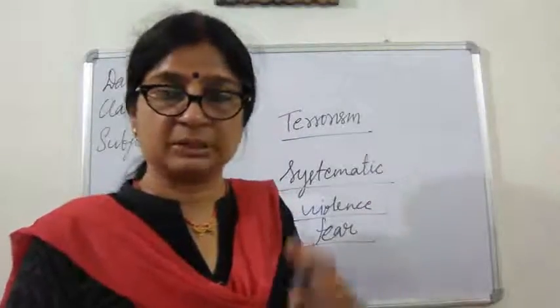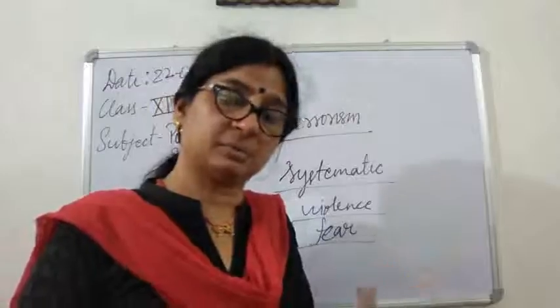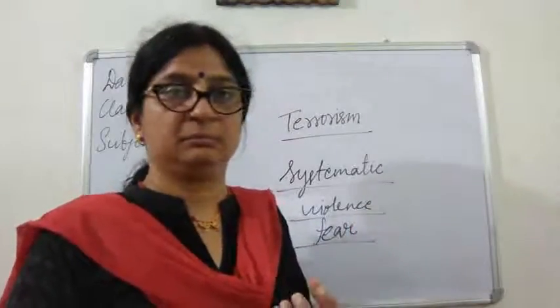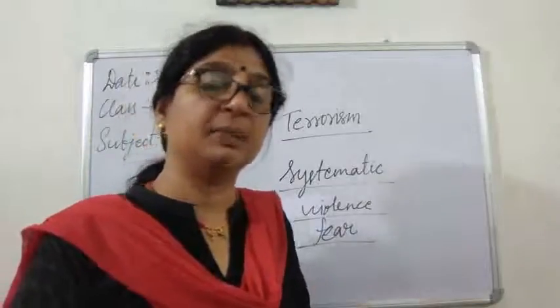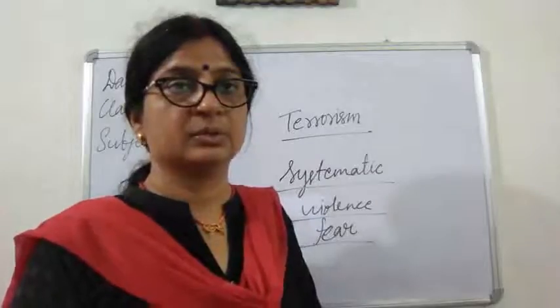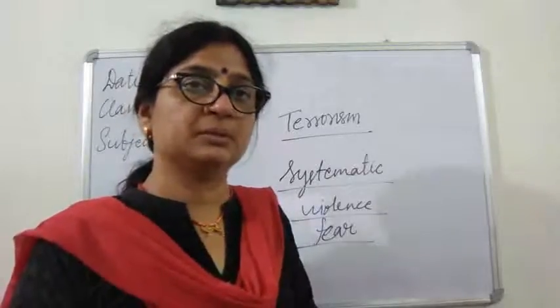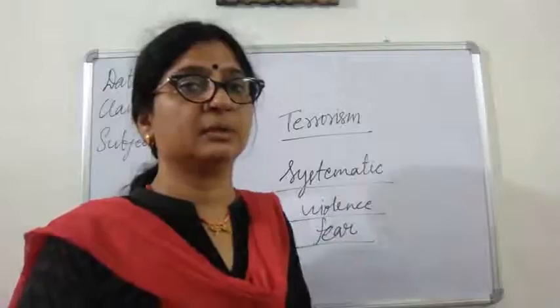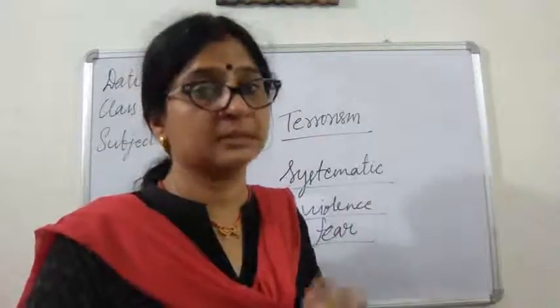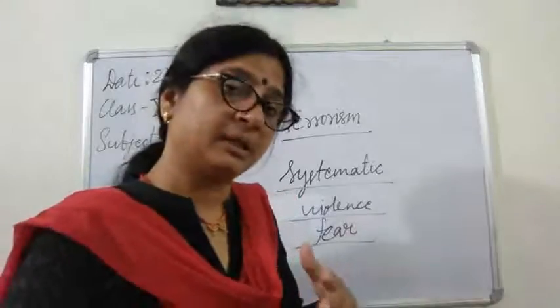Sometimes religious goal के लिए terrorism होता है, violence use किया जाता है, कभी कभी political purpose से किया जाता है, कभी ideological purpose से किया जाता है. So it deliberately targets or disregards the safety of civilians. That is the most important thing.